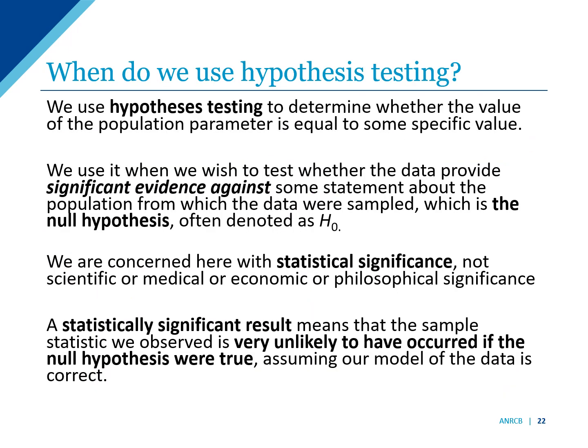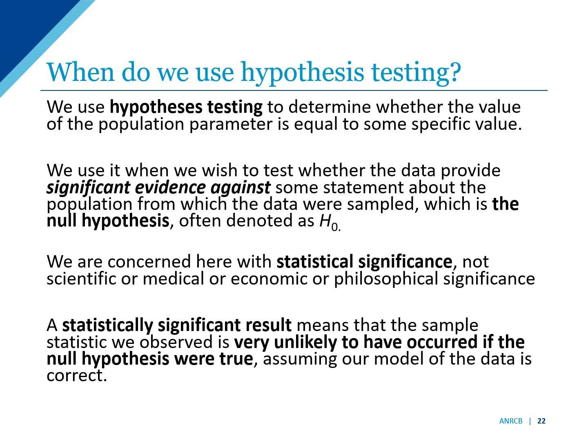We use hypothesis testing to determine whether the value of the population parameter is equal to some specific value. We wish to test whether the data provides significant evidence against some statement about the population from which the data were sampled, which is the null hypothesis, which we often refer to as H0.